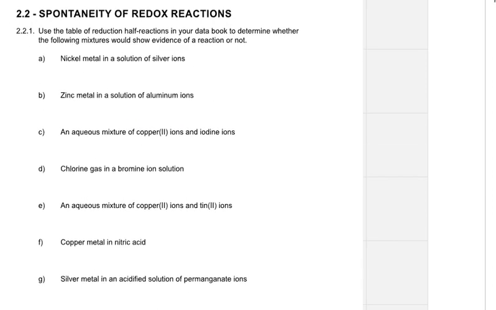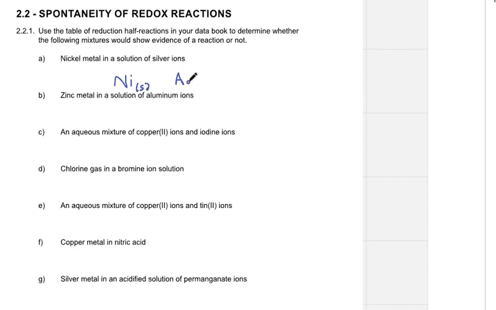The first thing that has to happen when you're given one of these lists is just write out all the species, make sure you understand what's there. A says we have nickel metal and a solution of silver ions. So nickel, you could write solid here if you want to be really clear about that.